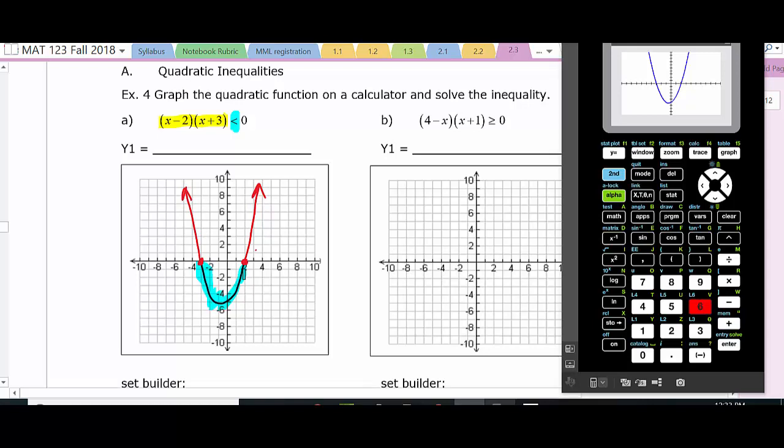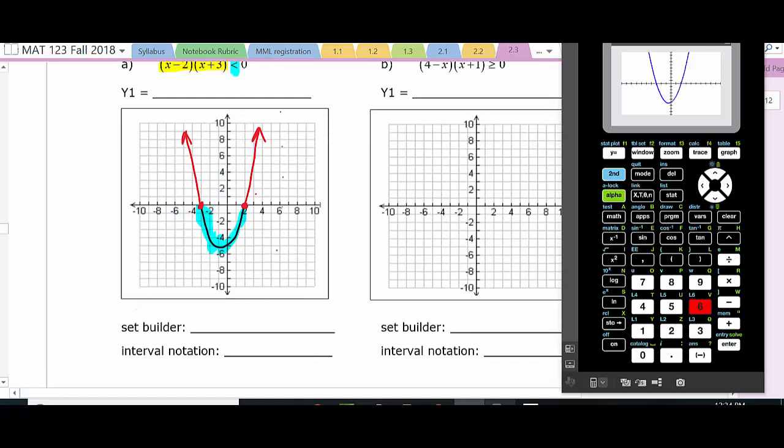In interval notation, it's real simple. You would just say parenthesis negative 3, 2. You're telling me the x values that cause y to be negative. That's where the graph is below 0.